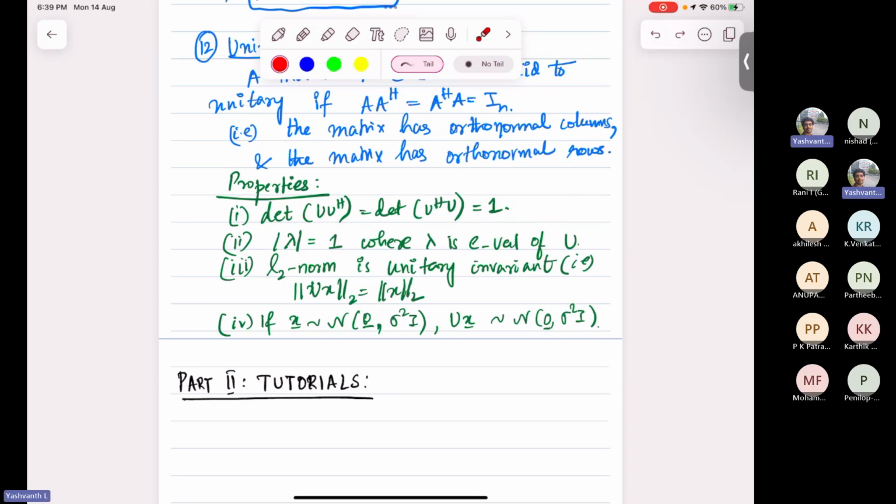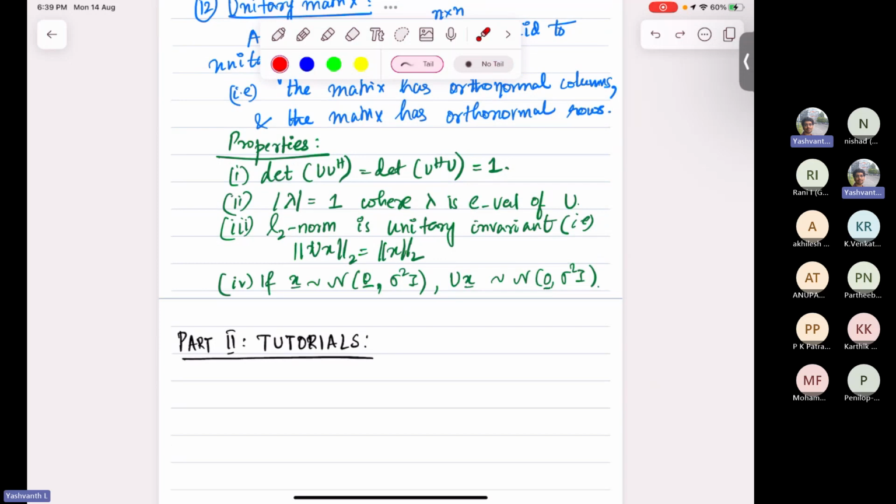The L2 norm is unitary invariant. That is, if you take any vector x, take its L2 norm, and multiply this vector by U, where U is any unitary matrix, the resultant L2 norm of Ux is the same as the L2 norm of x itself. It's called unitary invariance.